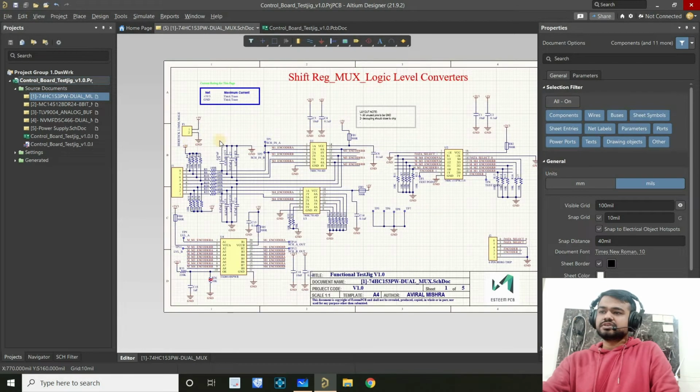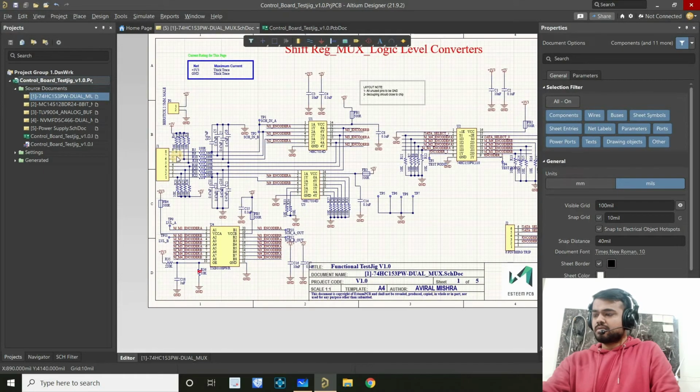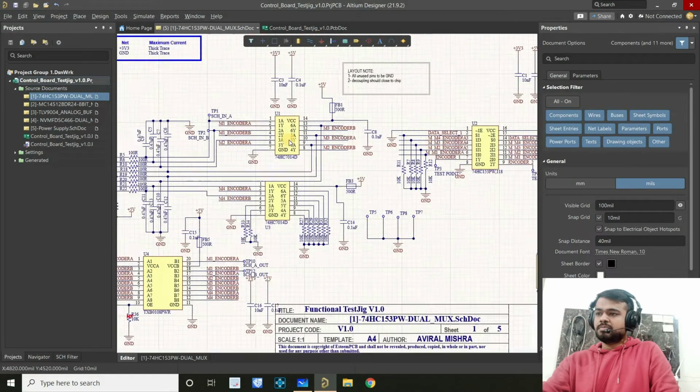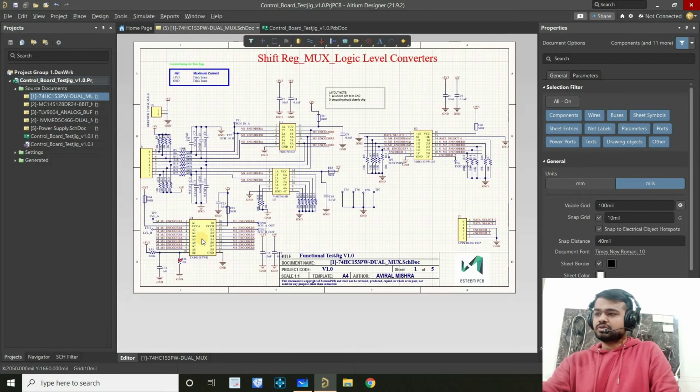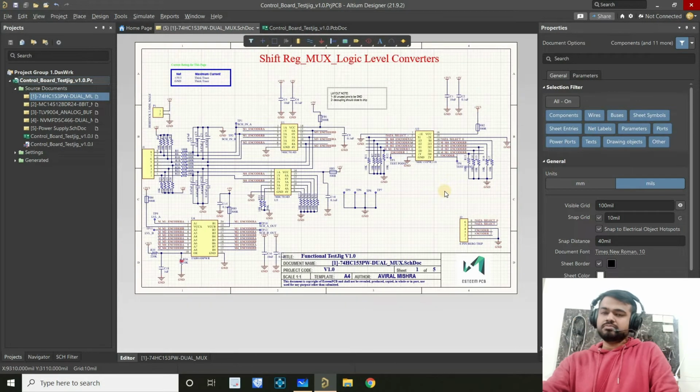Another is this shift register and MUX logic level converters. Here we have some inputs connected to some buffers, and from buffers it goes to the logic level converter, and from the logic level converter it goes to the MUX, which is connected to some microcontrollers.